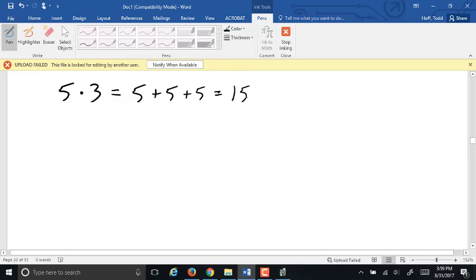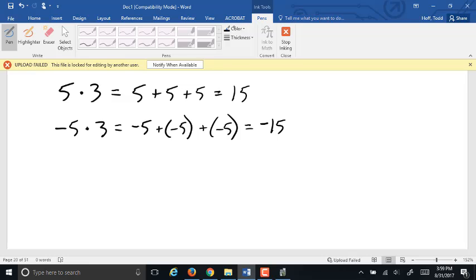So it's not much of a stretch to do negative 5 times 3 and to realize that's asking us to take negative 5 and repeat it 3 times. Negative 5 plus negative 5 plus negative 5 would be negative 15.